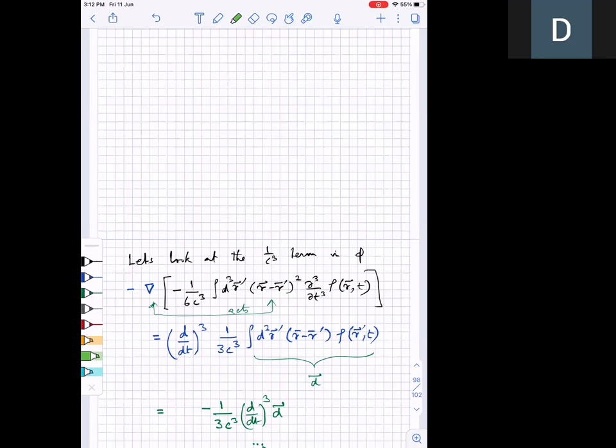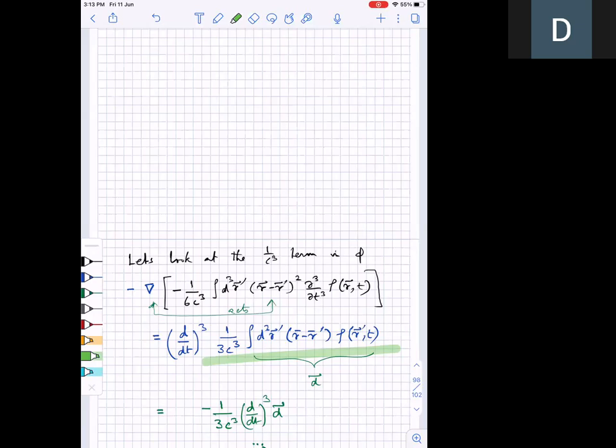The 2 cancels with the 1 by 6c, so it becomes 1 by 3c cubed. And I can take out d by dt outside, and we are left with the third derivative of this quantity, which is over here. That's how I get it. Because the grad acts on the r, that gives you only 1 r, one of the powers is gone. The 2 cancels with the 6 to give 1 by 3. I can write it like this.